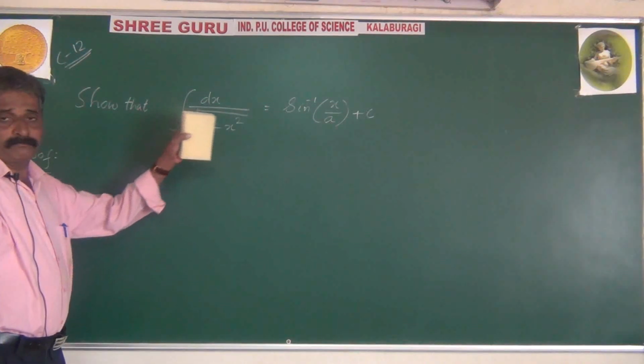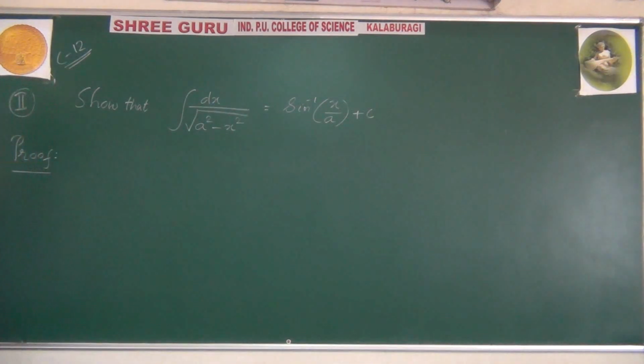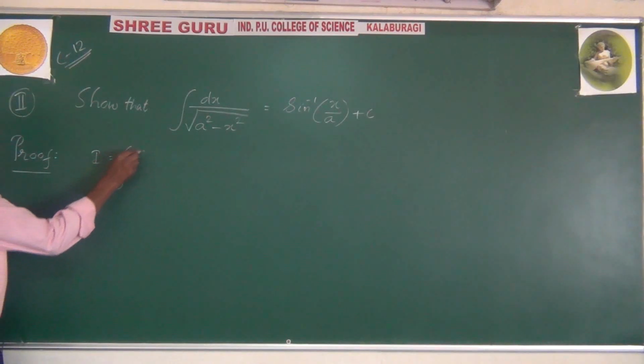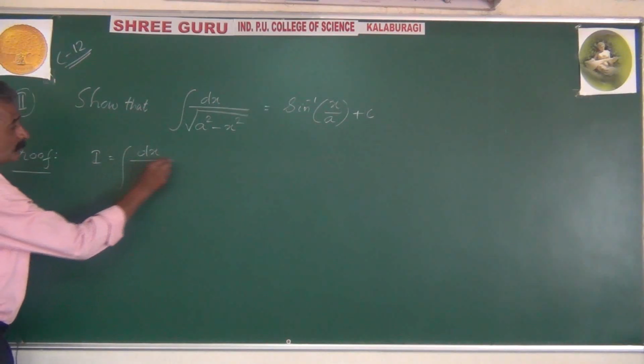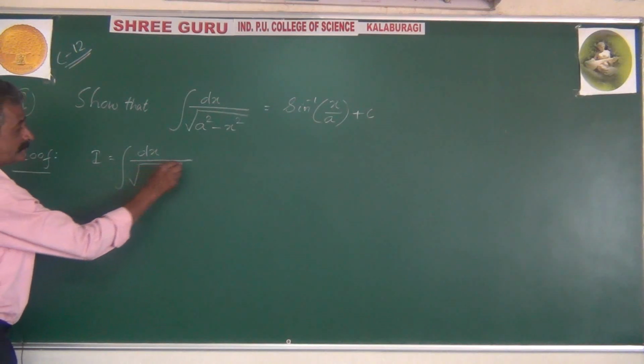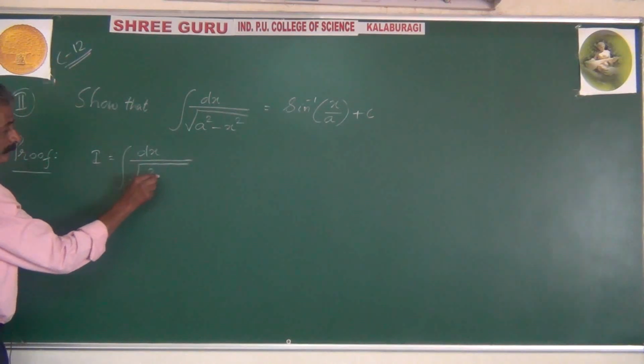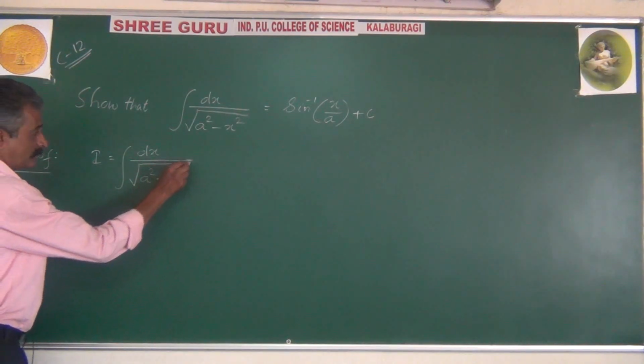Write proof or solution. So we start from integration I. Let I equal to integration of dx divided by square root of a square minus x square. Call it 1.